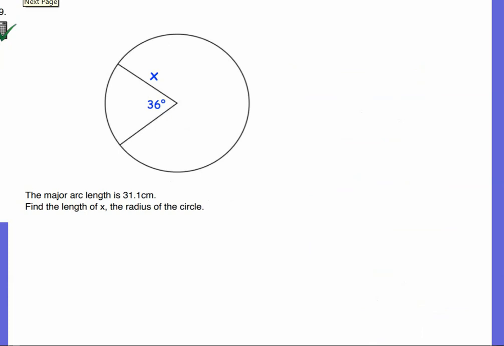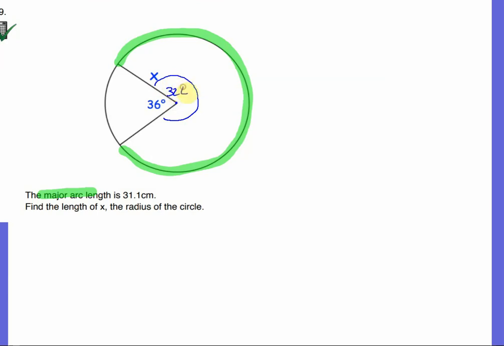Okay, so this time we've got this language here of major arcs, which we spoke about in the last video. But the major arc is the larger one. This here would be the minor arc. So if they're talking about major arcs, we actually need the angle for that. So angles around a point, don't ever write angles in a circle because, okay, in this case there is a circle, but angles around this point are 360, so that's 324 degrees.